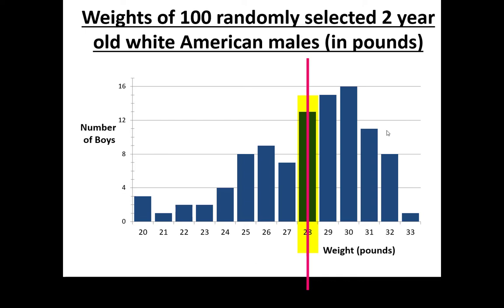And that's because the median is actually 29 pounds. Now, some of you might exclaim, but Sean, 28 pounds, 29 pounds, that's only a 1 pound difference. Later on in this set of videos, you'll see that when you're talking about a pediatric growth chart for a 2-year-old white American male, 1 pound can actually make quite a bit of difference. We'll come back to that.